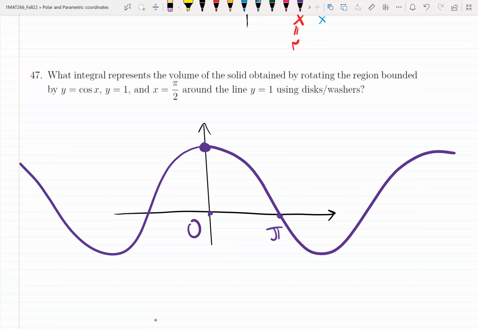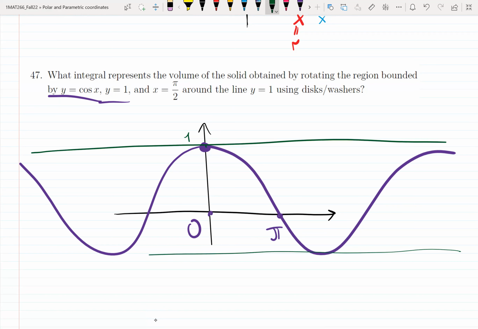It says y equals cosine x, y equals 1. y equals 1 is a line. But what kind of line? Well, if this is 0 and this is 1, how do I know it's 1? Because cosine is stuck in a tunnel from -1 to 1. Cosine and sine are both stuck from -1 to 1.